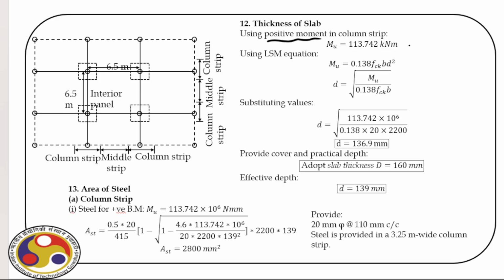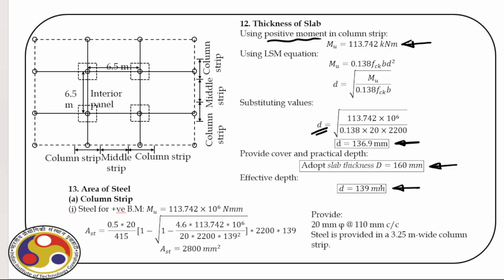So for that we know the value of the positive moment, and then we can calculate again the effective depth, which is 136.9. So provide a slab depth of 160 and the effective depth in that case will be 139.